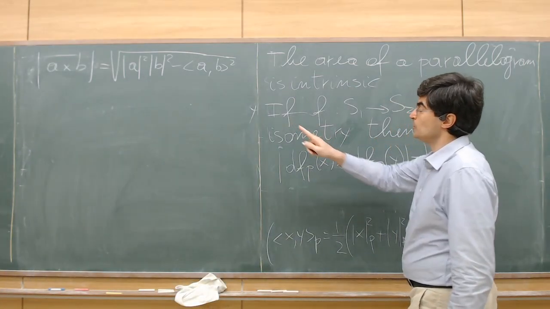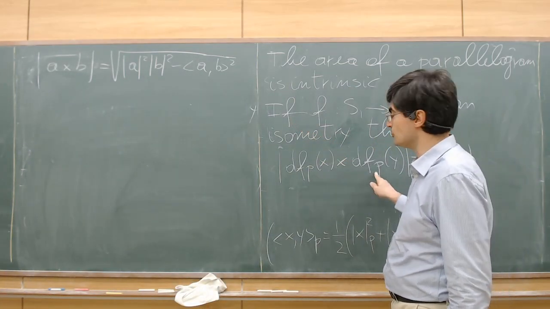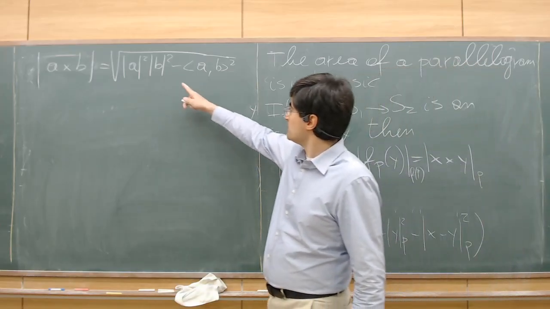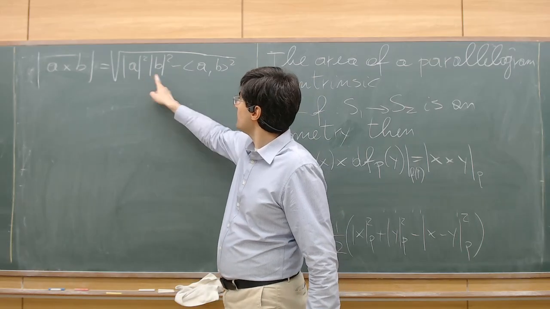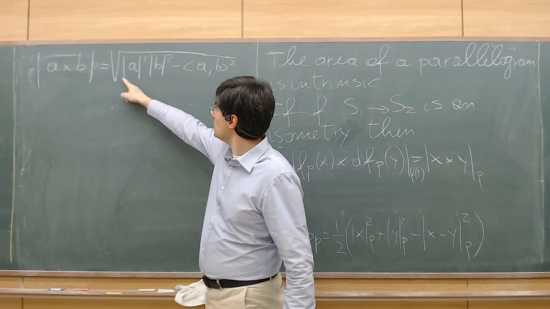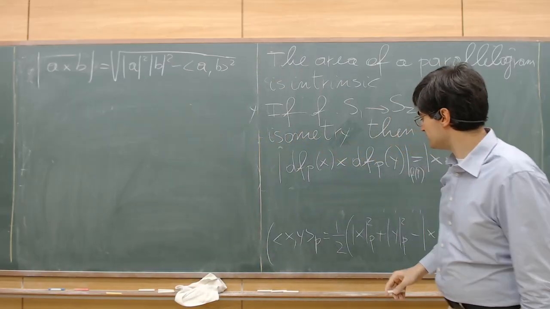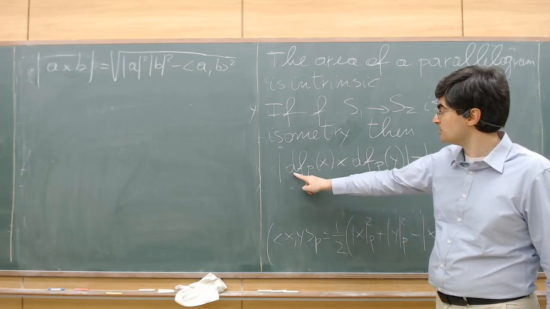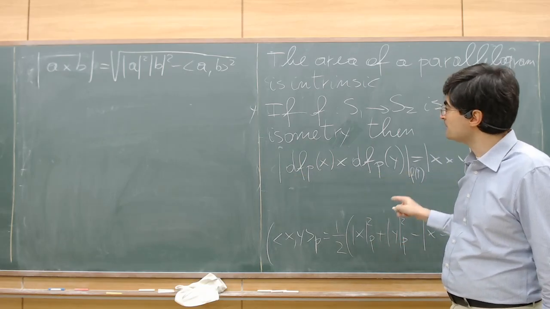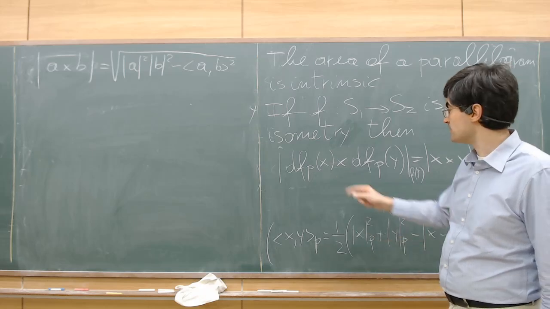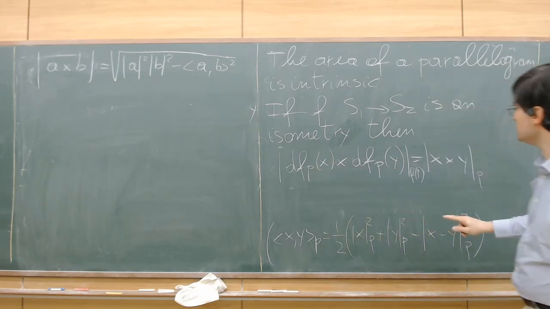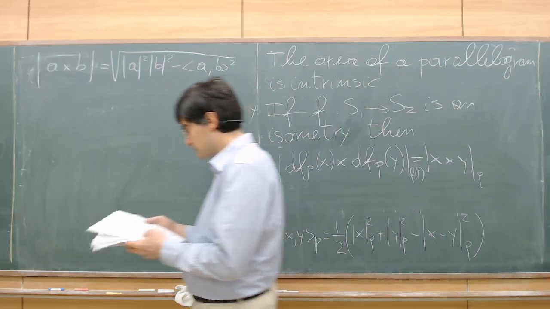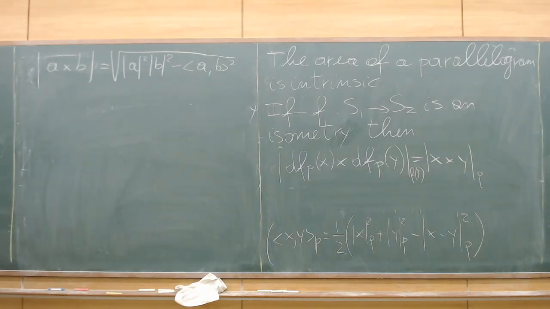So you use that formula with a equal to this vector, b equal to this vector, and then you write each term you have here in terms of the first fundamental form evaluated at dFp(x), dFp(y). Then you use the fact that F is an isometry, and you will find immediately that this is equal to the length of x cross y. Okay.